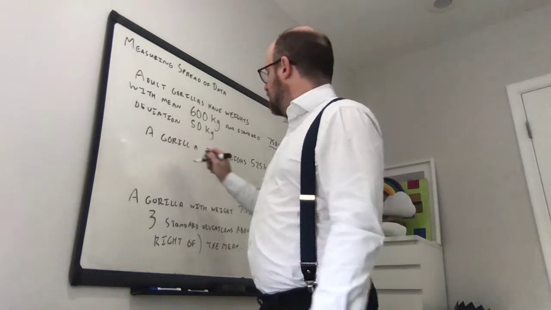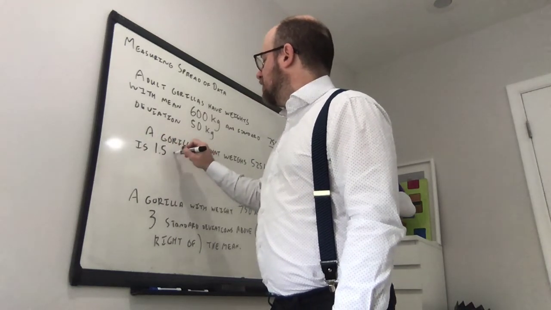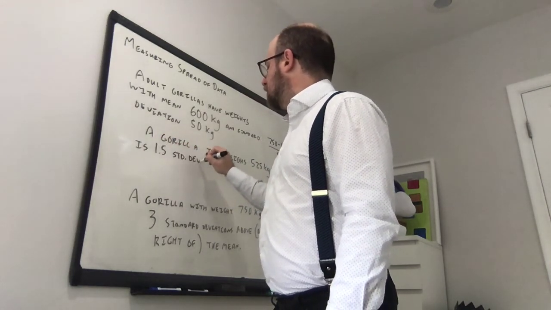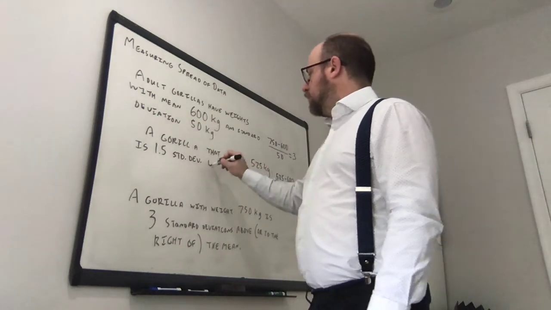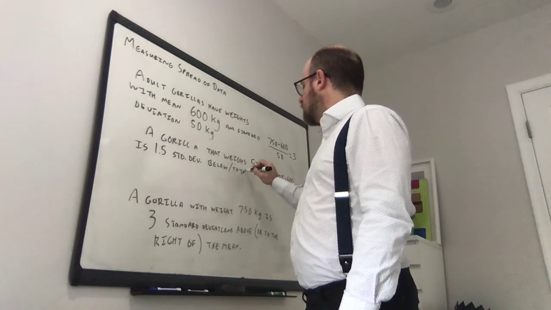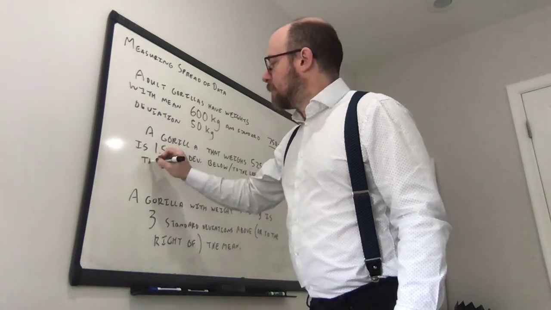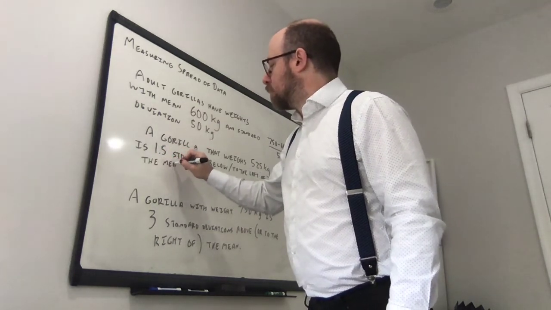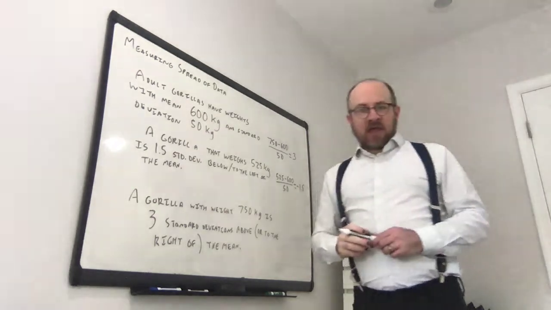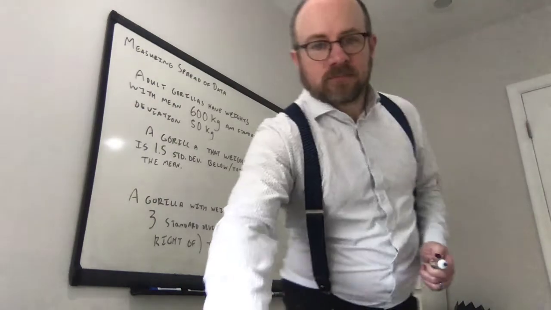And so a gorilla that weighs 525 kilograms is 1.5 standard deviations, I'm just going to abbreviate that, below or to the left of the mean. Okay? And so we use this to talk about how far out things are from the center. Okay? Last lecture, we're going to talk about how to get mean and standard deviation from frequency tables.